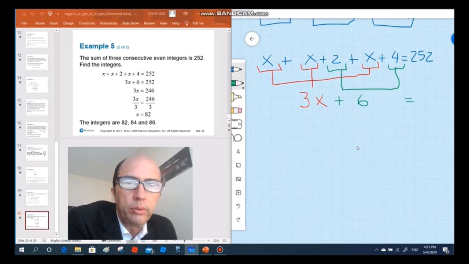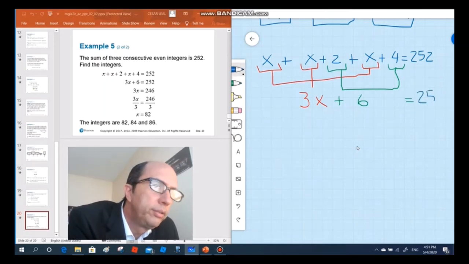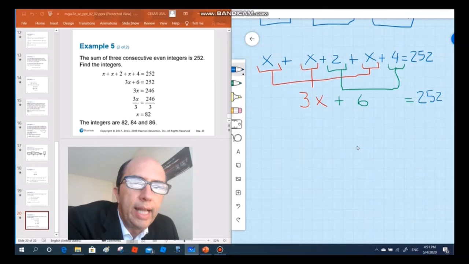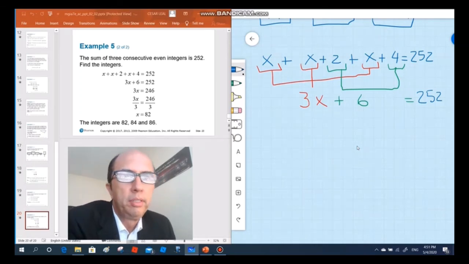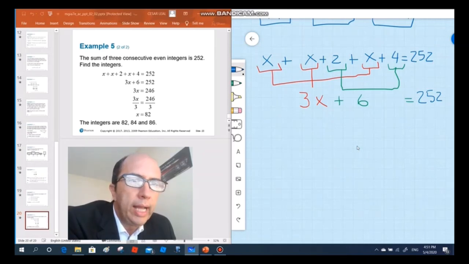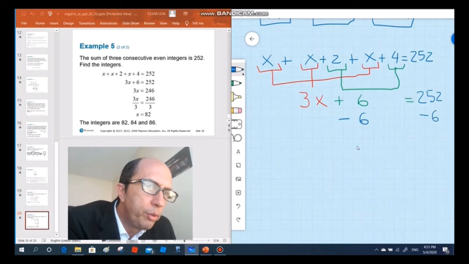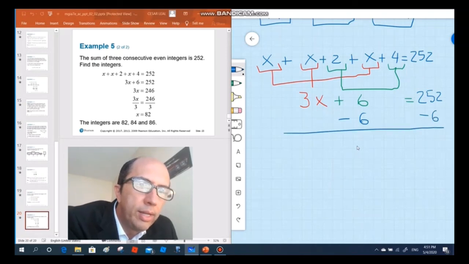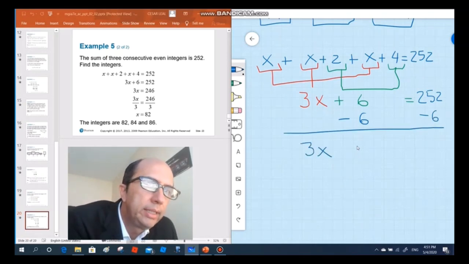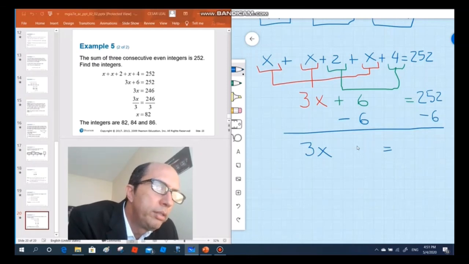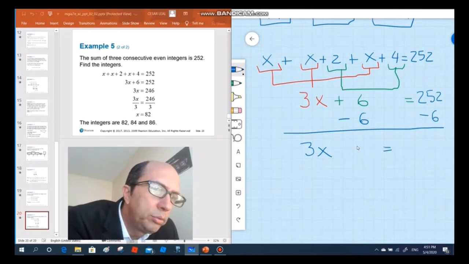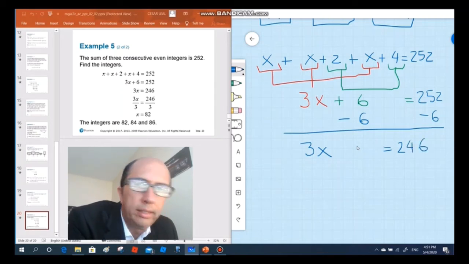And this is equal to 252. Next step here, addition property. And to get only variables on this side, let's subtract 6 from both sides, right? And then you're gonna have only 3x on this side equals 252 minus 6, 246. Is that right?